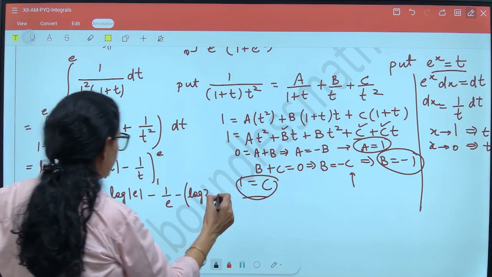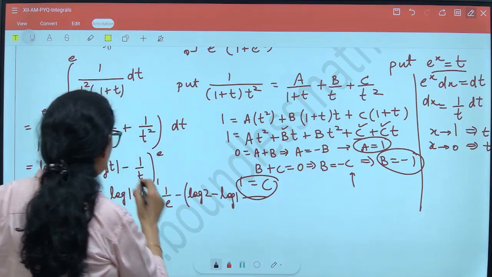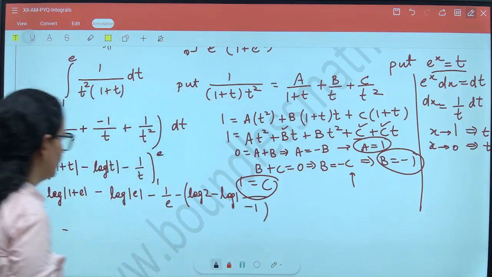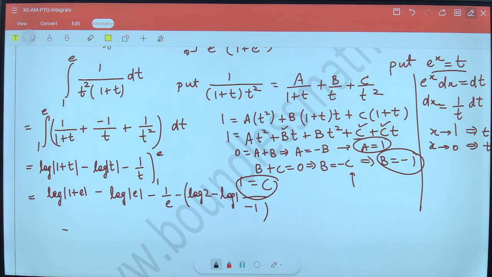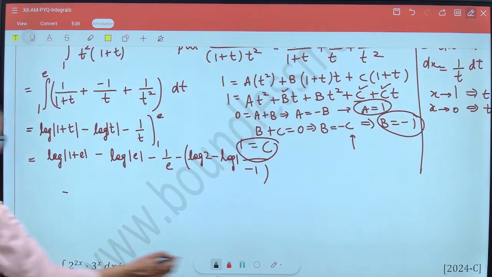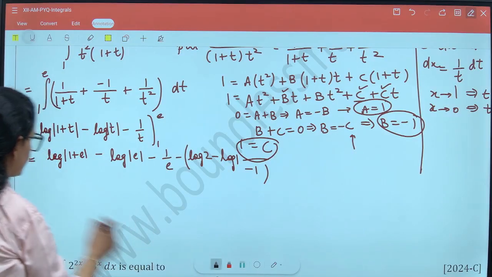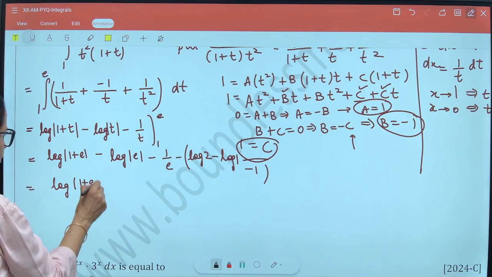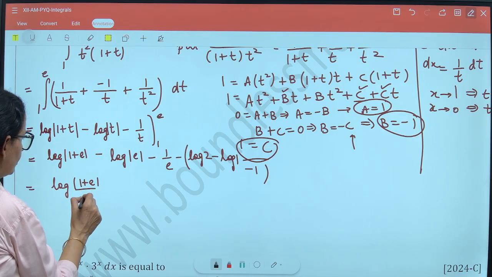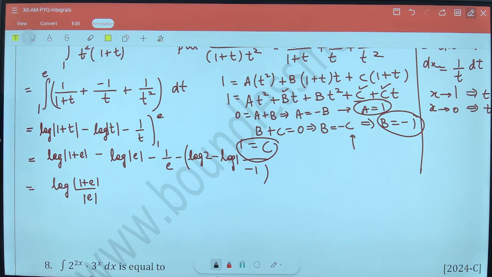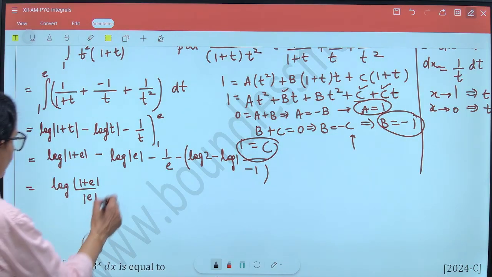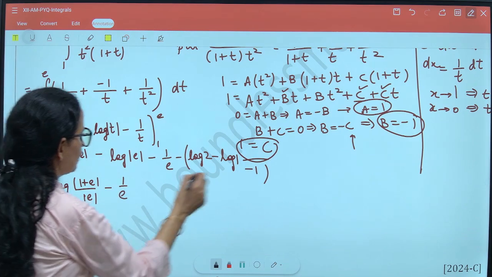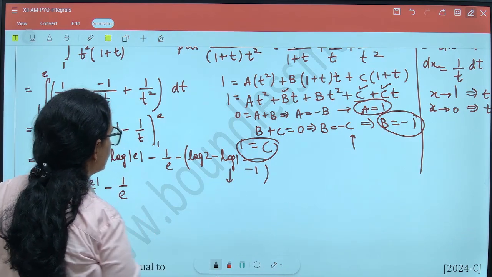This is minus log 1, and this is minus 1. Right? So the expression now, merge the log terms, it becomes log of (1 plus e) upon e minus 1 by e, and what is in the bracket? Log 1 is 0, so it goes away.